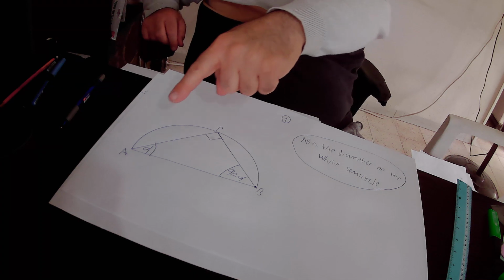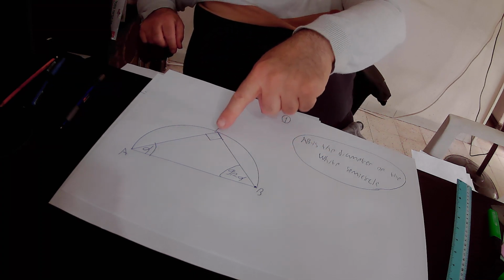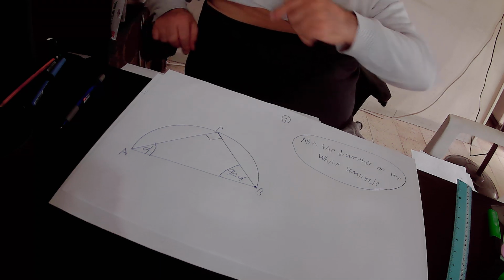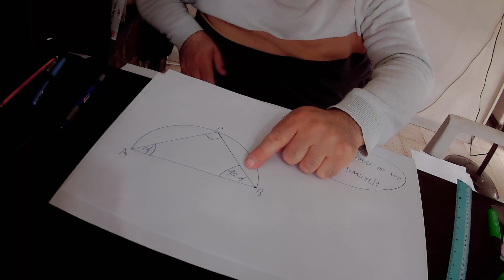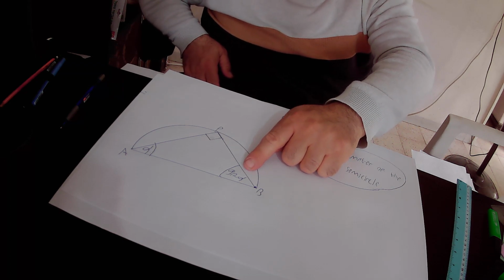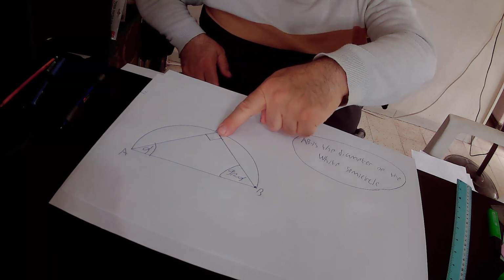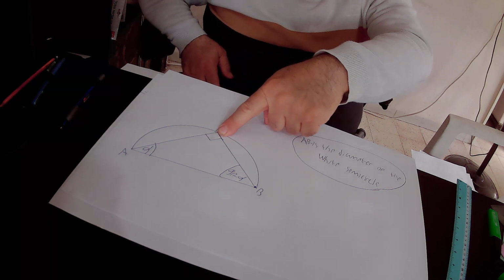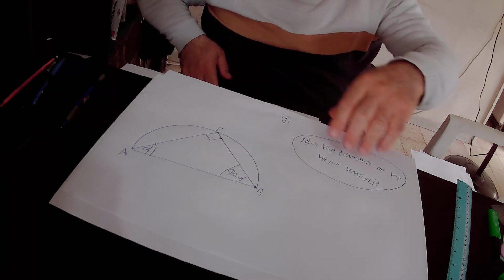So in the right triangle APB, this angle equals alpha, this angle equals 90 degrees. Therefore, this third missing angle must be equal to 90 degrees minus alpha. Why? Because 90 degrees minus alpha plus alpha is 90 degrees, and 90 degrees plus 90 degrees equals 180 degrees, that is the sum of the angles in any triangle.